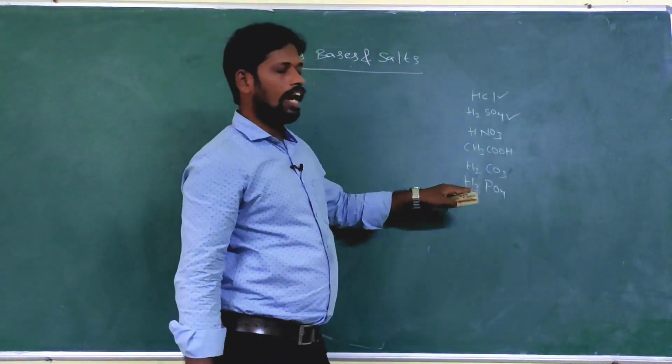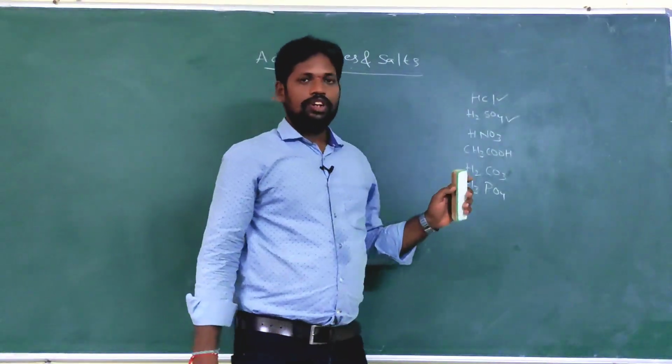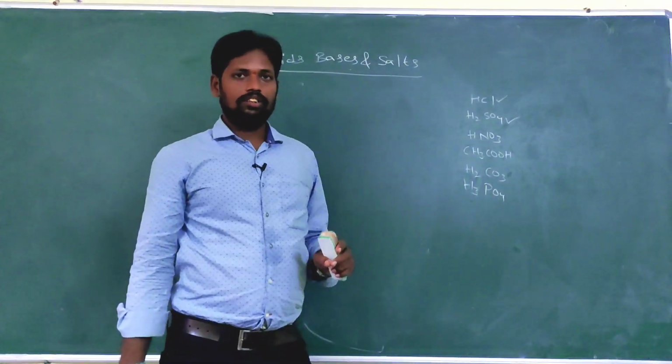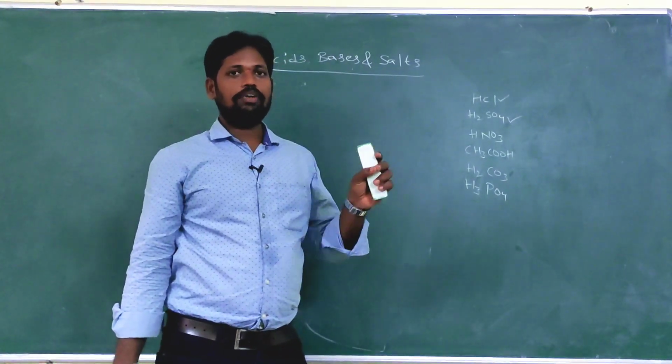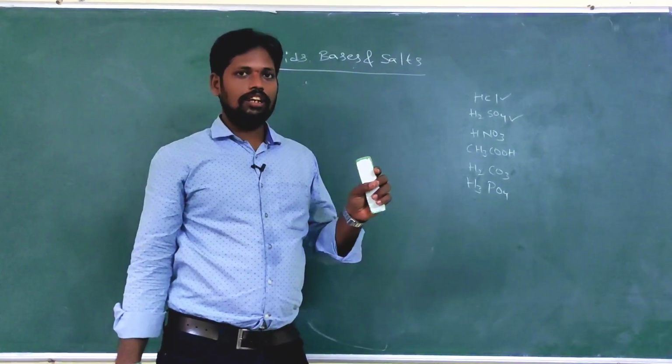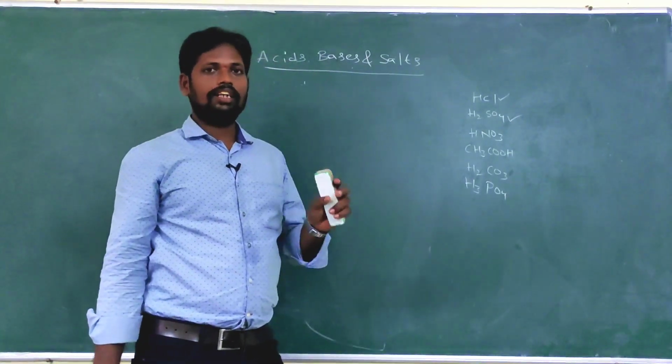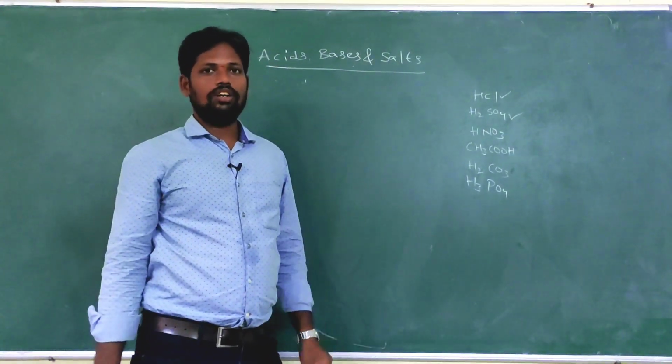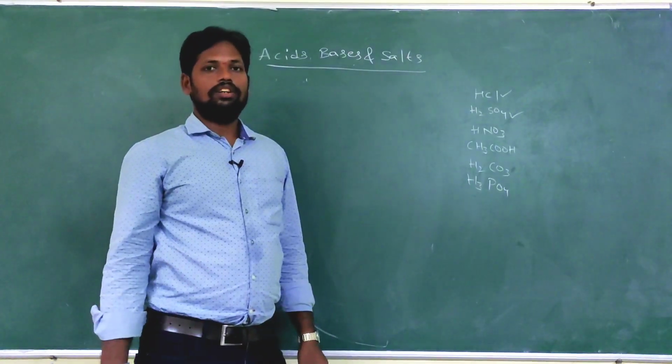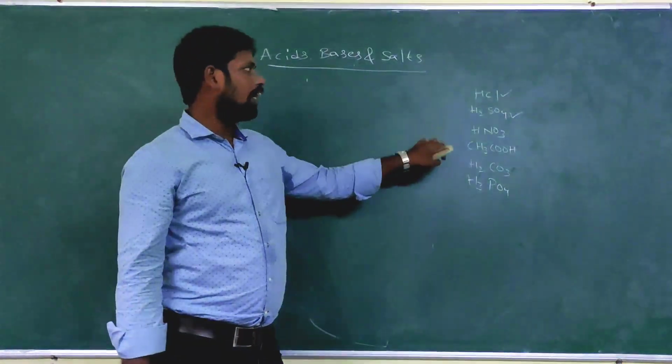These are all acids, but whether it is a strong acid or weak acid, you find out on the pH scale. On the pH scale, 0 to 6 is acid, 7 is neutral, and 8 to 14 is base.